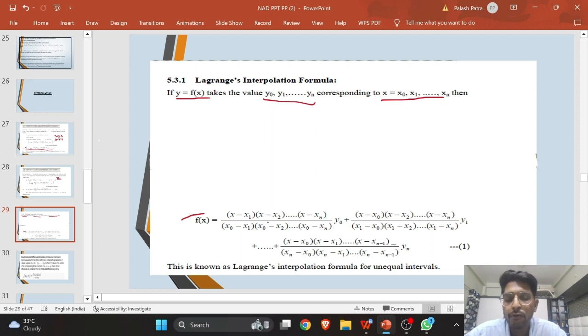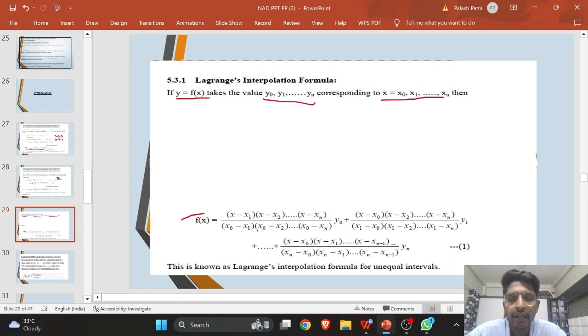That is, we need to simply subtract the values of x1, x2, up to xn, just leaving out the first value, x0, in the numerator, and in the denominator we just subtract the values from x0, and then multiply by the corresponding y0.